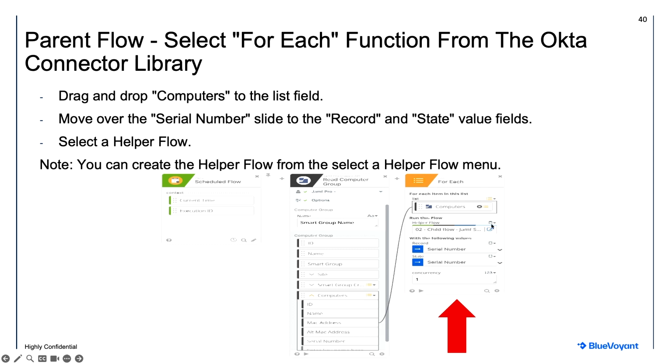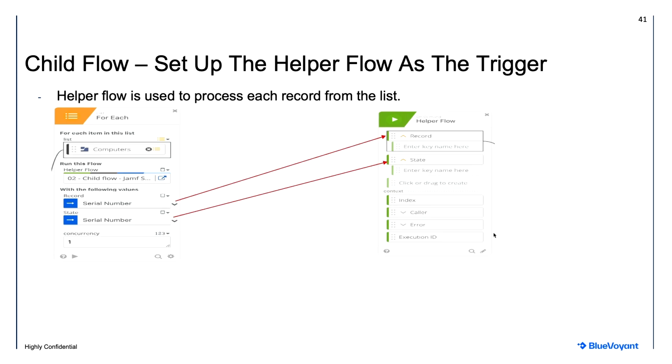So now that we've established that we're capturing the serial number, where is it going to go? Well, that is where the option right here to create a new workflow is. That workflow is also known as a helper flow or a child flow, depending on what you want to call it. This helper flow will allow us to process each serial number that we just told it to document and run it under a separate process.